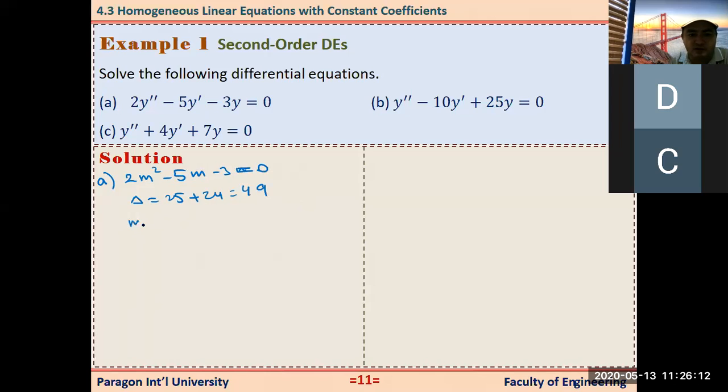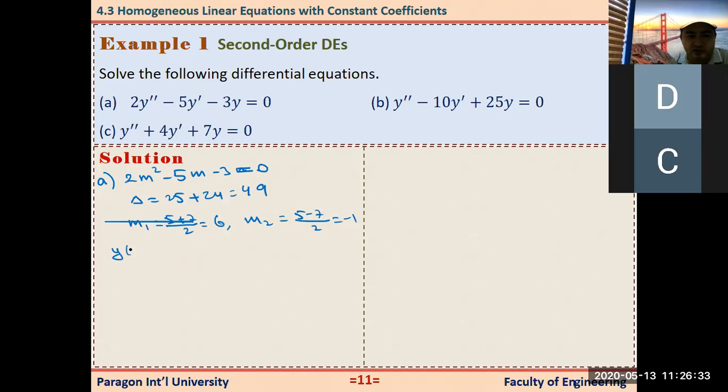So what is M1? M1 equals 5 plus 7 over 2, that's equal to 6. And M2 is equal to 5 minus 7 over 2, that's equal to negative 1. Right? Actually, it doesn't matter which one you write first.